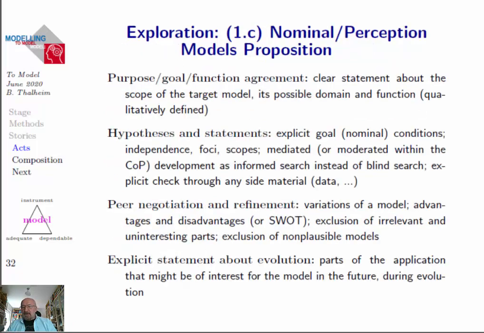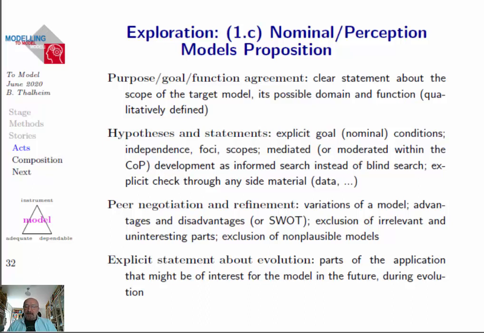Okay, in this case we have some kind of agreement on the function a model should have and support, on hypotheses and statements. We can have a proper negotiation and refinement, especially if we look later on the quality of a model or quality characteristics of a model, based maybe on some SWOT framework for capacity and potential evaluation.